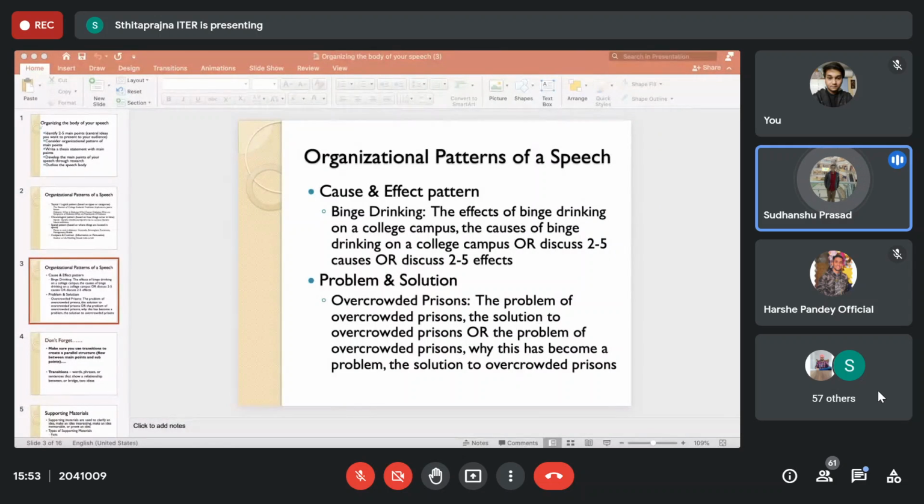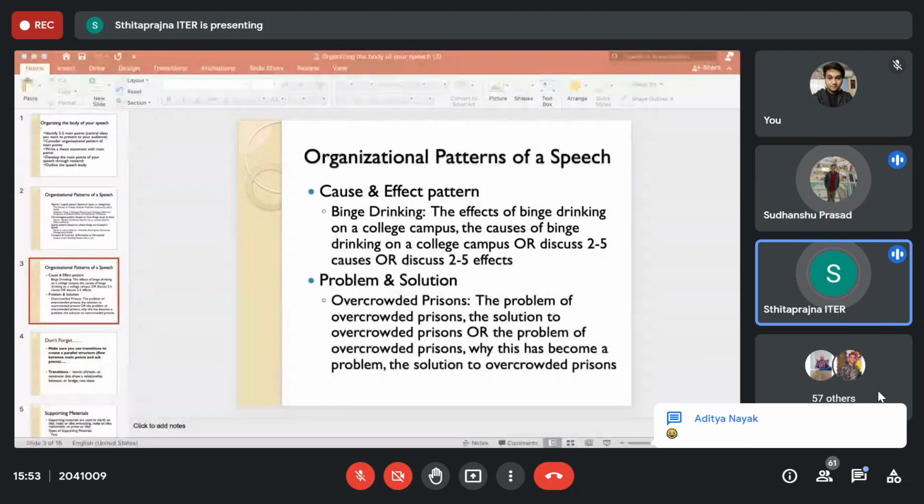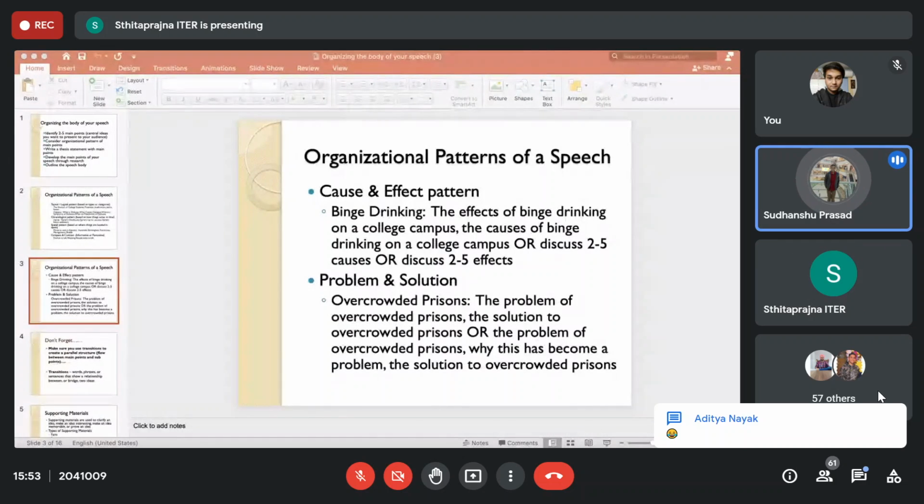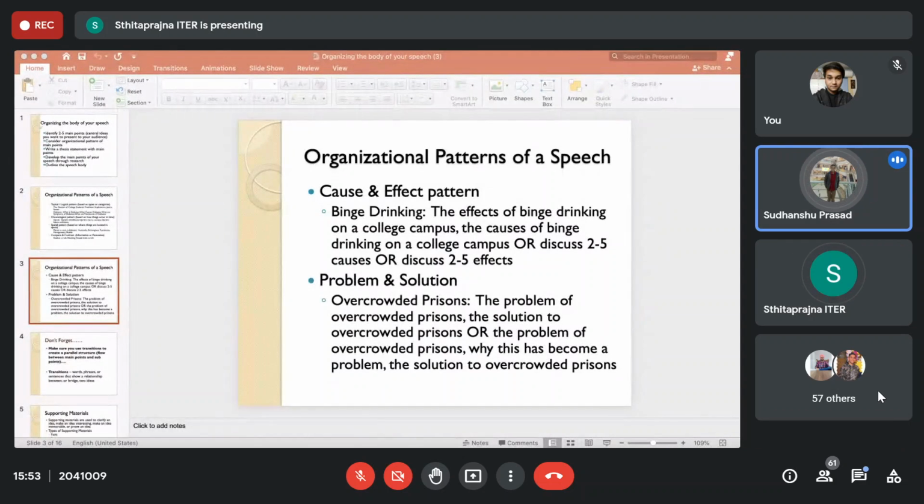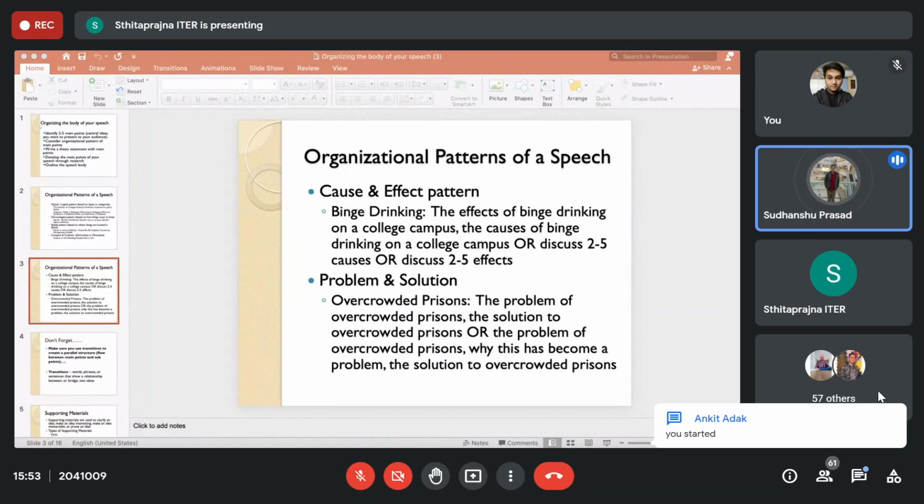You started drinking after class 10th? No, ma'am. Actually, after class 10th, some of my friends and I went to hostel. In the starting, we used to be friends.